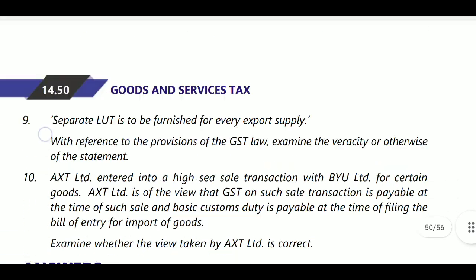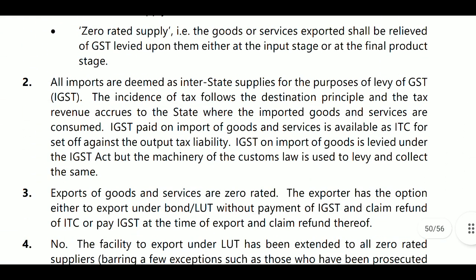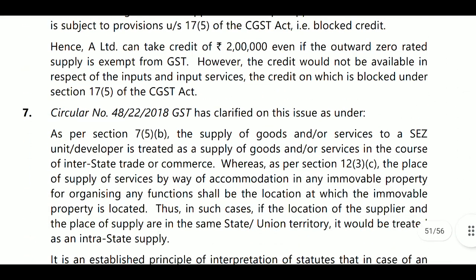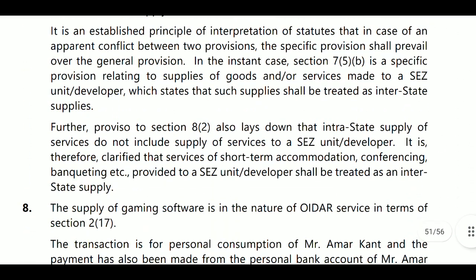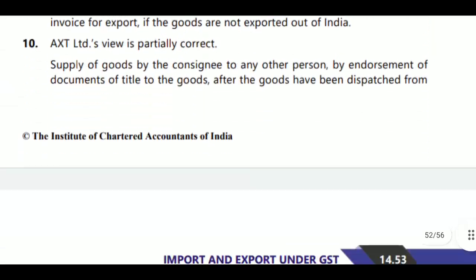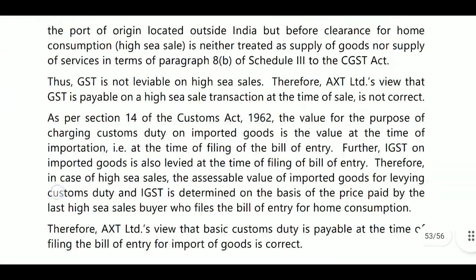Next, such exemption is not available in case of OIDAR services, because our service provider is located in non-taxable territory, and the exemption covers services received by an individual for a purpose other than commerce, industry or any other purpose. So, the answer for the 8th question.